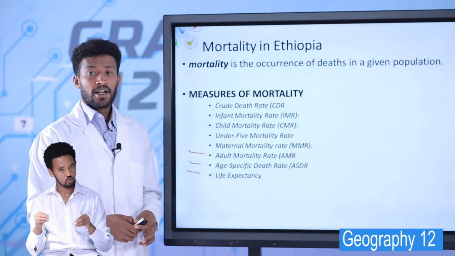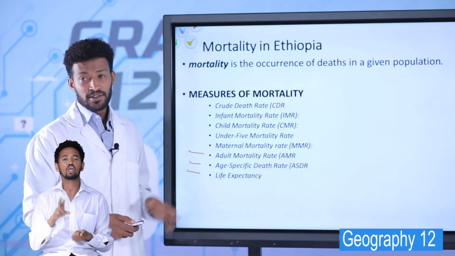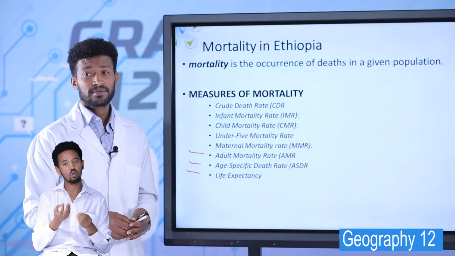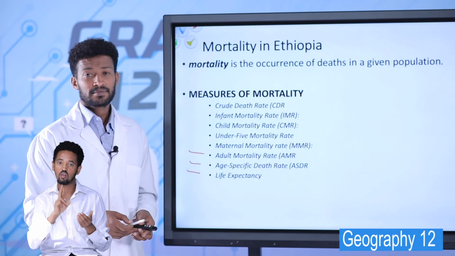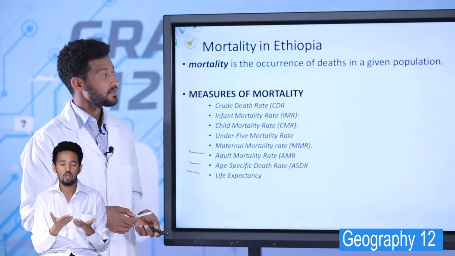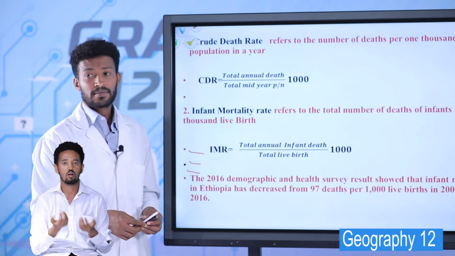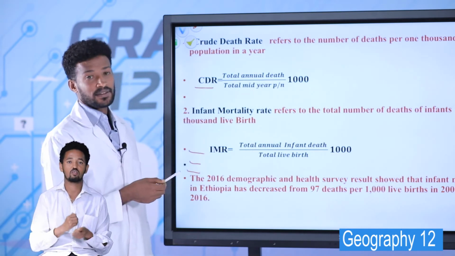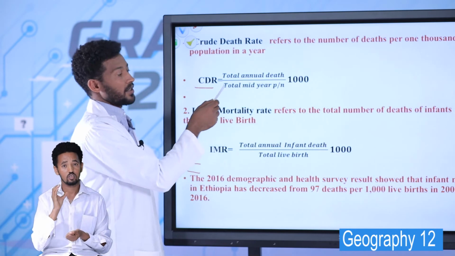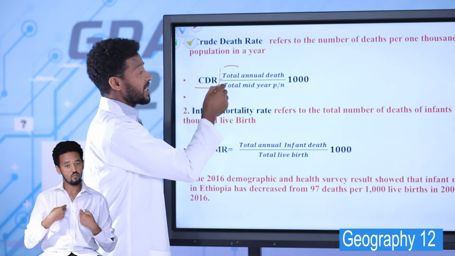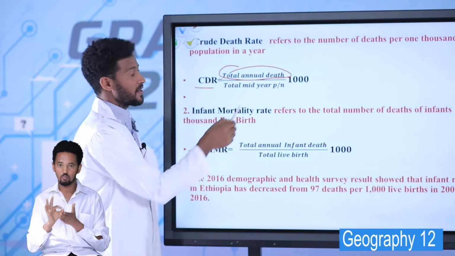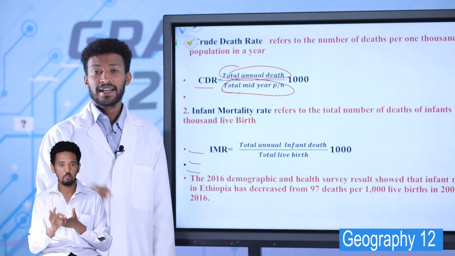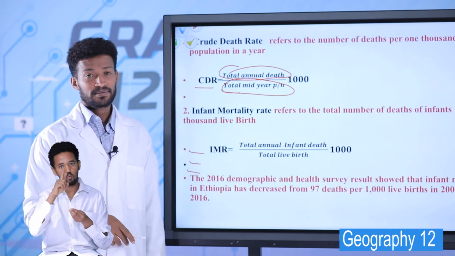Students, how do we use these formulas? Do you know how to calculate crude death rate? Here is the formula. In order to calculate crude death rate, you have to divide the total number of annual deaths by the total mid-year population, times 1000.